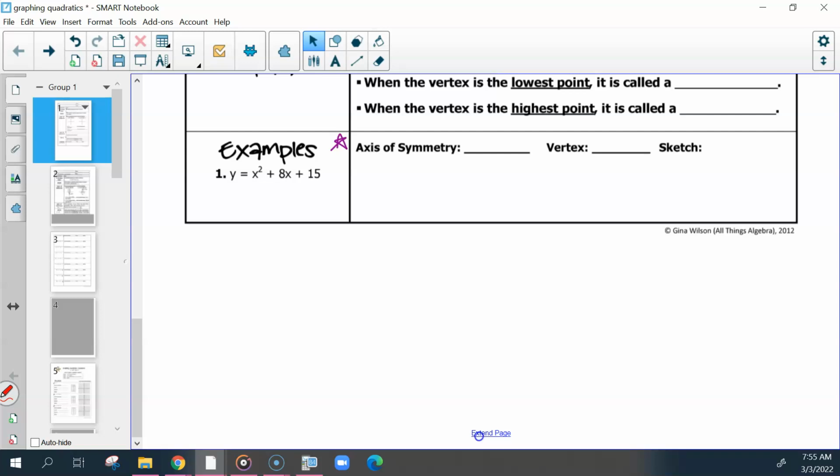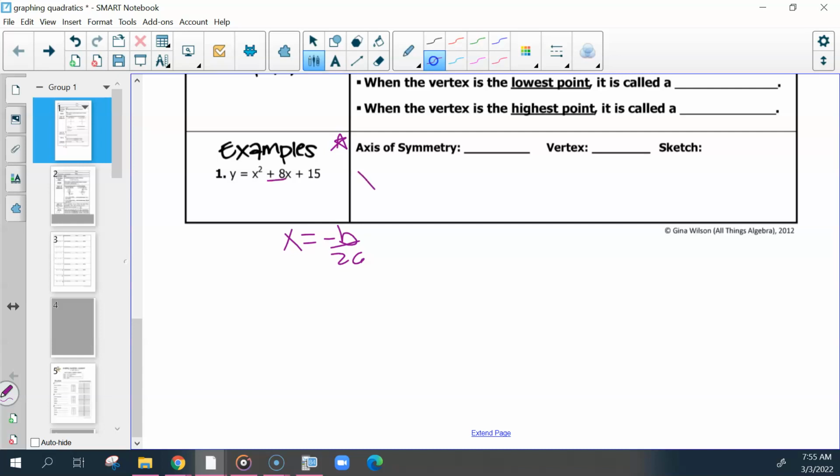So for this, we are going to find our axis of symmetry, find our vertex, and then do a rough sketch of what this would look like. So for your axis of symmetry, remember that's your equation x equals negative b over 2a. The b and the a are going to be found from your quadratic equation. This negative stays the same no matter what. But here we have a positive 8.